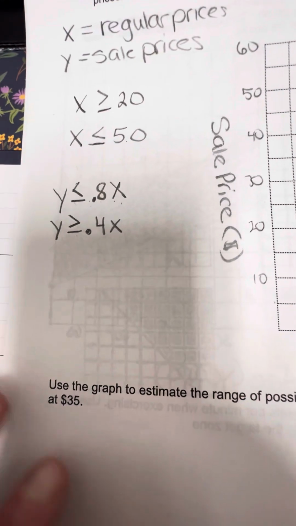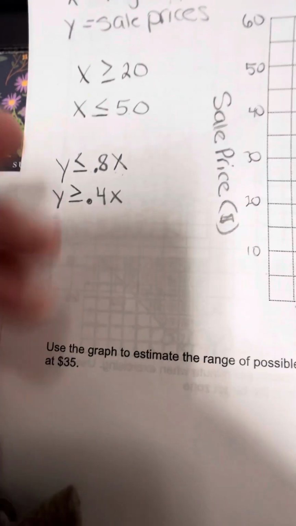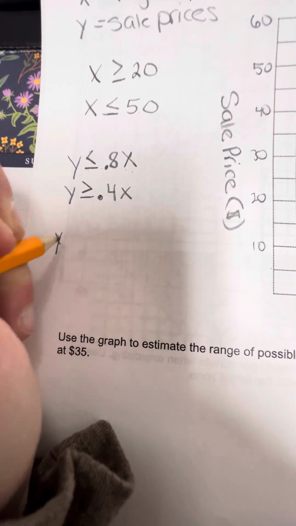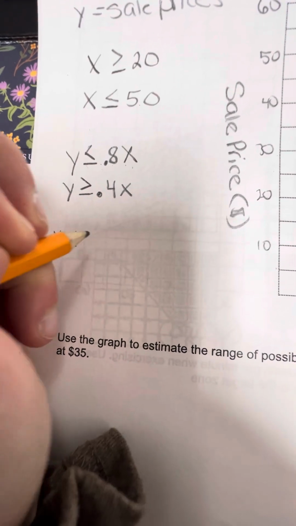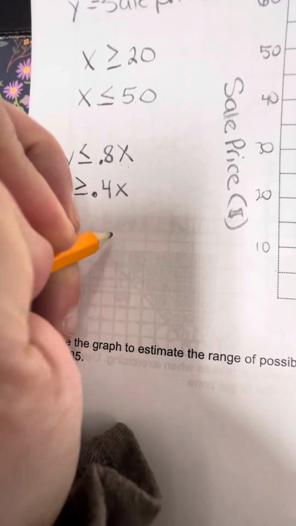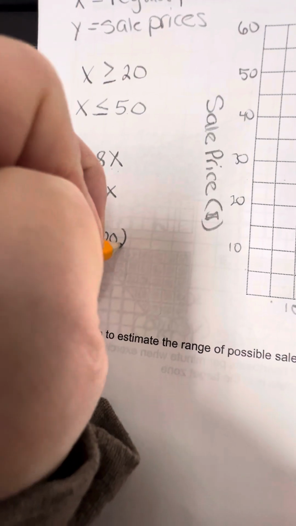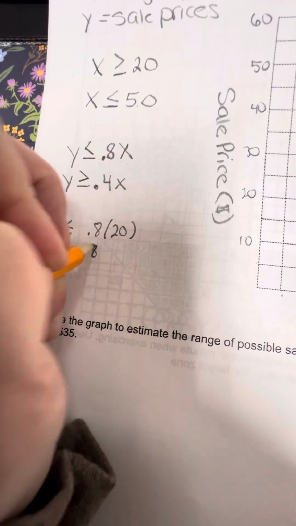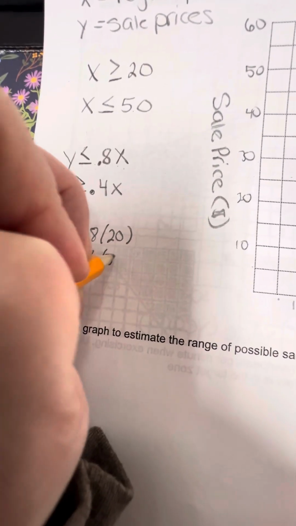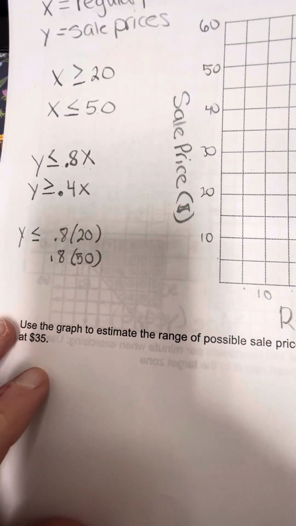So we're going to start off with the 20% off games. Our value would be 80% or 0.8 of a $20 value, and then 0.8 of our maximum game price, which is $50.